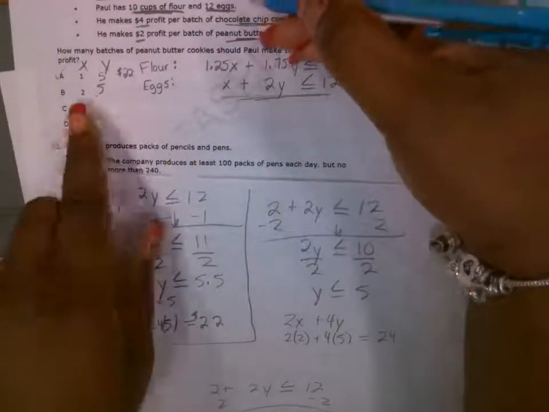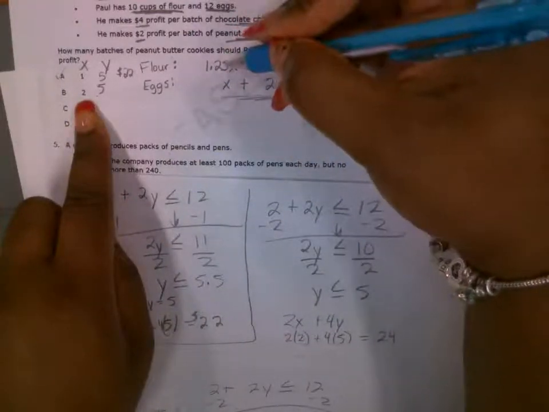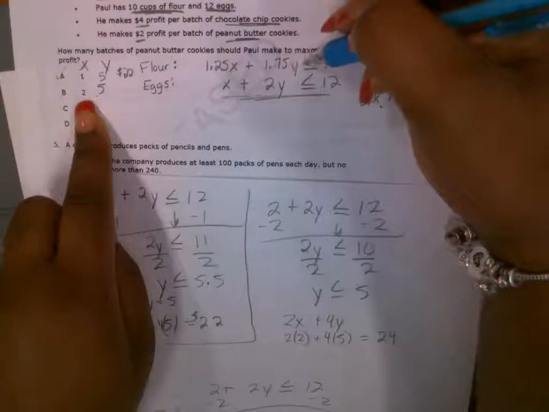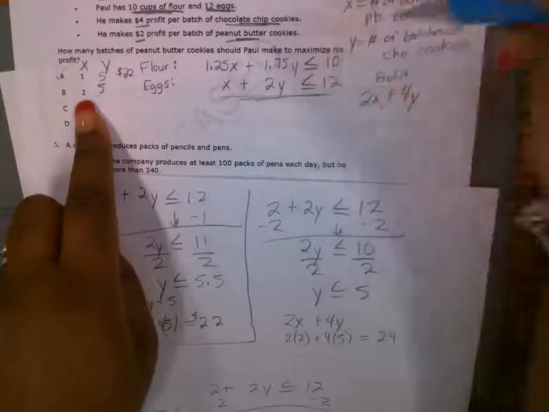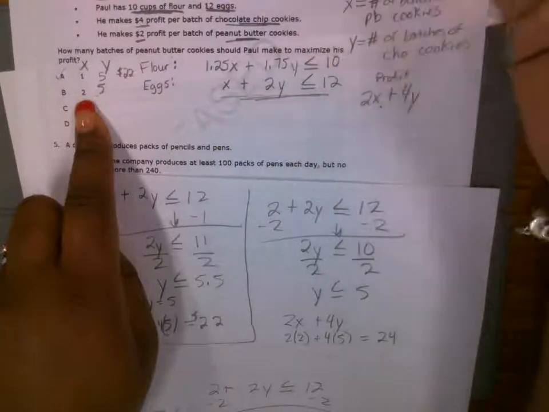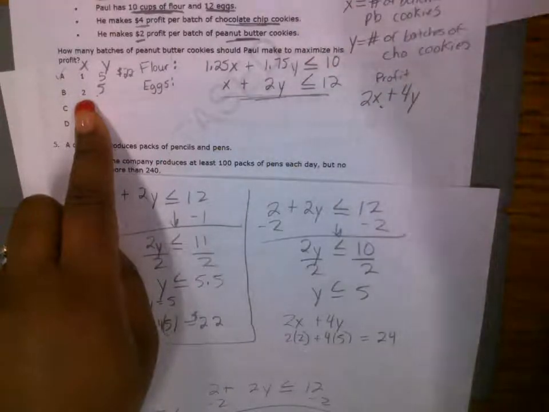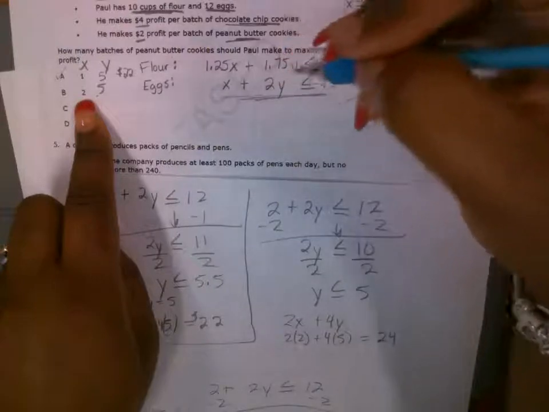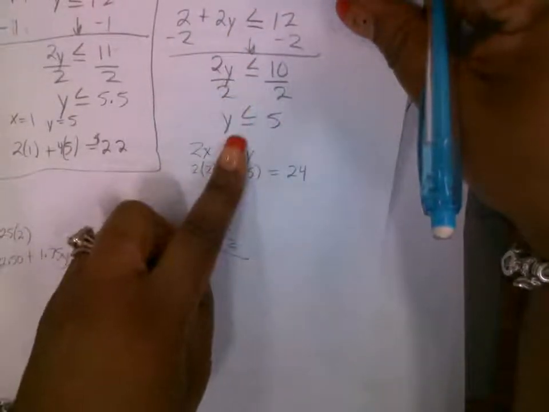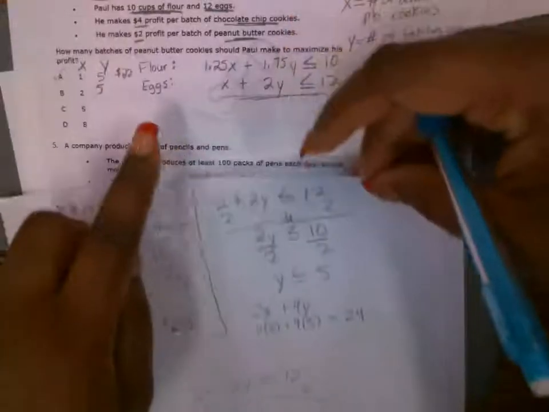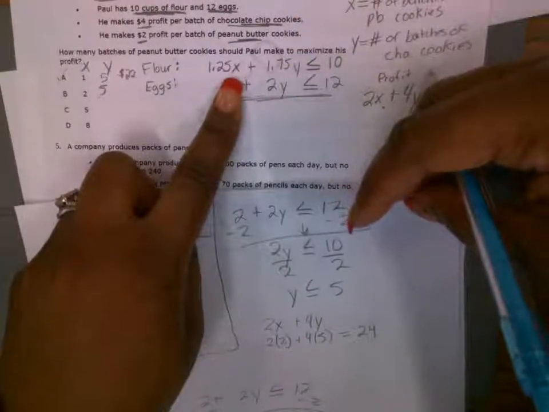So let me substitute the 2 into this other equation to make sure, because remember, it can be less than or equal to. The value 5 is what I got here for this, which is correct, but I also need to figure out if I have enough flour.